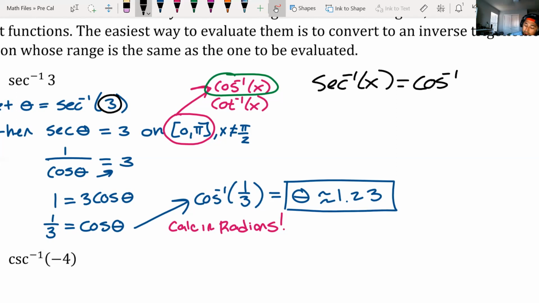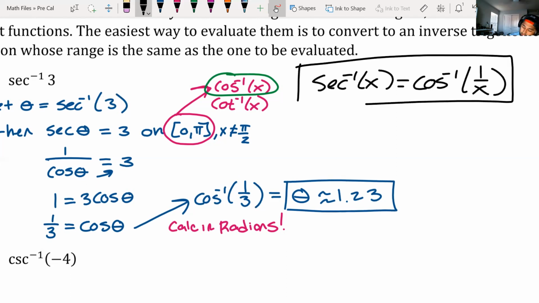If we had 3, and then we converted it and it became 1 over 3, what could I write? 1 over x. That's it. That's straight up equivalent.